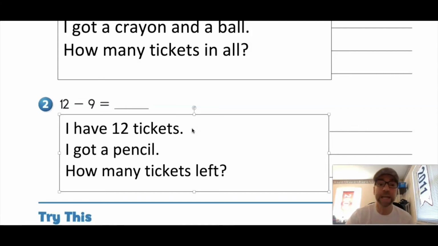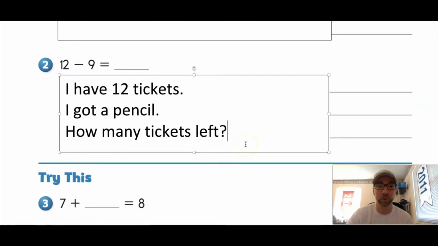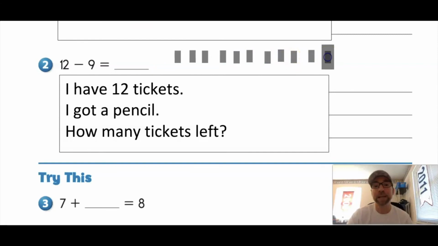So you're going to want to hit that pause button so that you can copy down this number story. And then you're going to have to find the answer. And I'm going to draw the picture. I'm going to show my 9 tickets. And then I'm going to cross out some tickets. So I am starting with my 12 tickets, and I'm going to cross out 9.